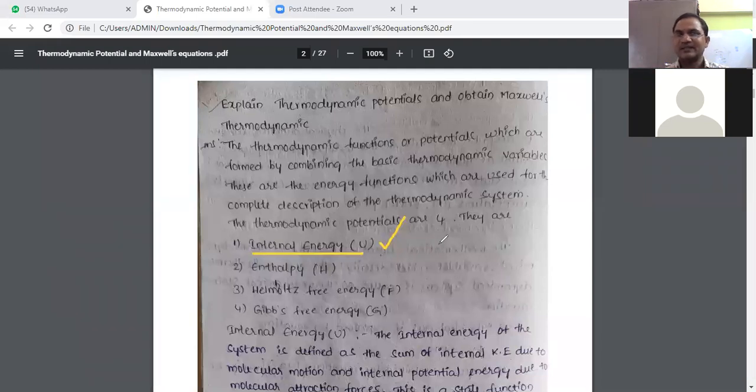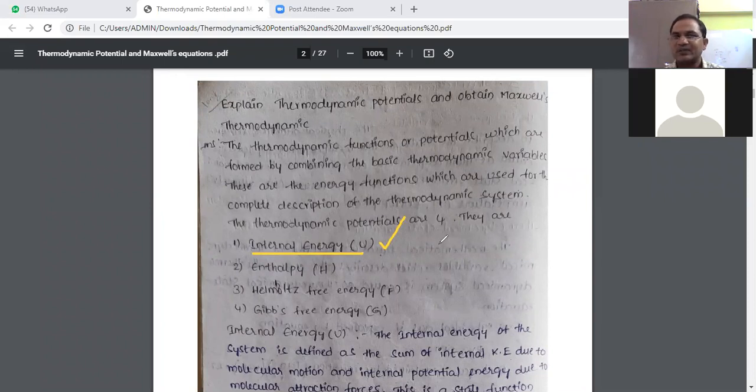Since the molecule is in motion, it possesses kinetic energy. And also there exist intermolecular attraction forces among the molecules. One molecule can be attracted by another, neighboring molecule, so between neighbor molecules there exist some intermolecular attraction forces.